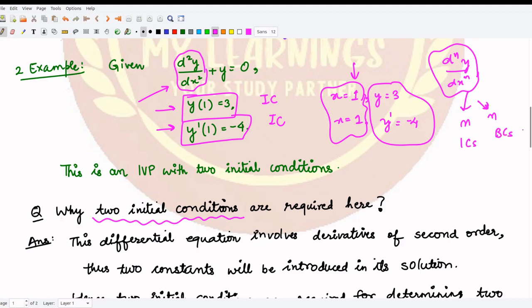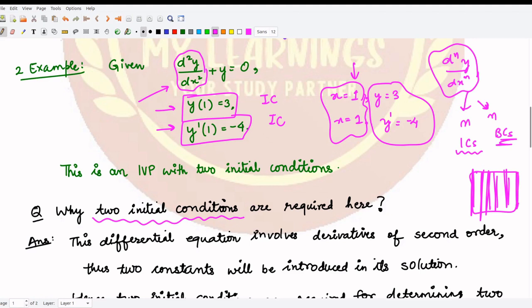That means if your differential equation is an initial value problem, then you would have n initial conditions, and if it is a boundary value problem, then you would have some domain which would have n such boundaries, correct? We'll be discussing boundary values and boundary conditions in the upcoming videos. So here, why are two initial conditions required?